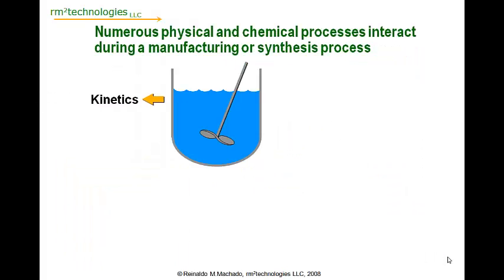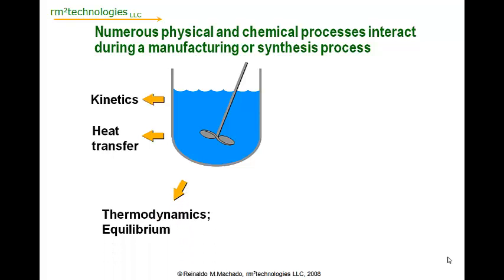There are numerous physical and chemical processes that interact during a manufacturing or a synthesis process in a stirred tank. Kinetics, we're all very familiar with, which is the rate at which chemical reactions occur. There's heat transfer, that's the rate at which we're removing heat from the exotherm or adding heat in an endotherm. We have thermodynamics.